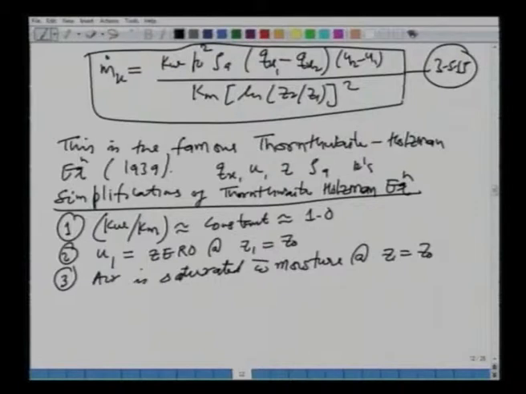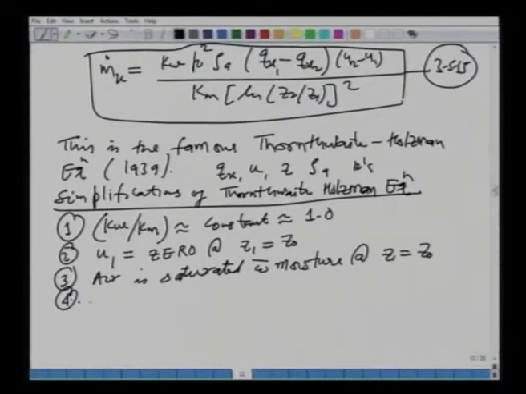So, right next to your water body, at Z is equal to Z0, you are saying that air is saturated. So, you can measure the temperature close to the water surface, and then you can calculate what is called the saturation vapor pressure. And we can convert that to find out what is QV1. So, QV1 and QV2 are the things that appear in this equation. We are trying to simplify or estimate some of these things using these simplifications.